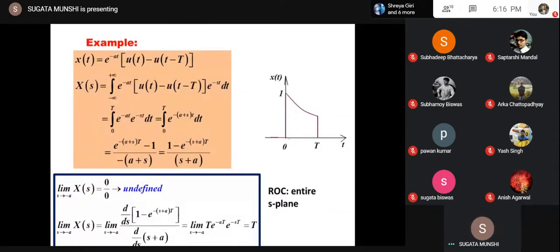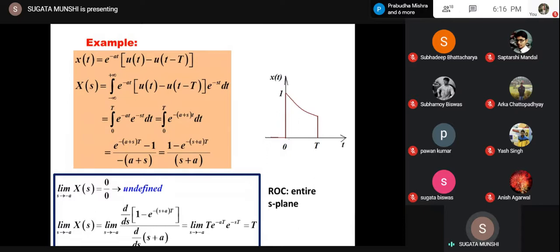It comes out as 1 minus e to the power minus (s plus a) into capital T, by s plus a. So here, if you straightaway introduce this limit, it comes out in this form, 0 by 0. So here also you have to apply L'Hopital's rule.